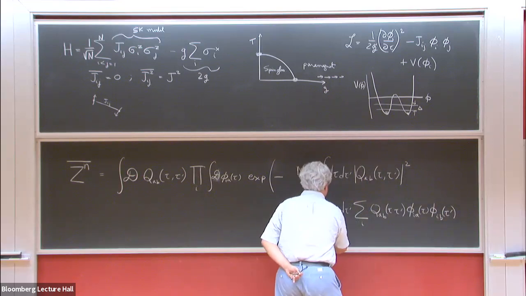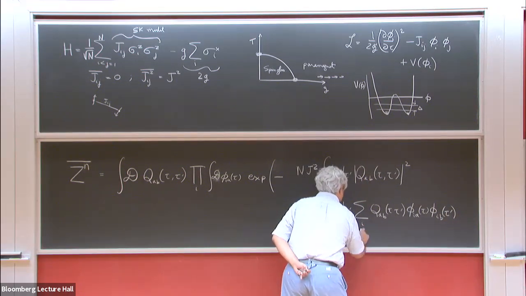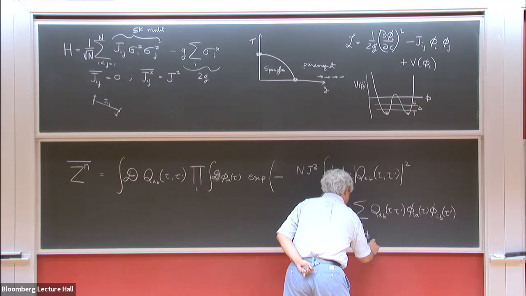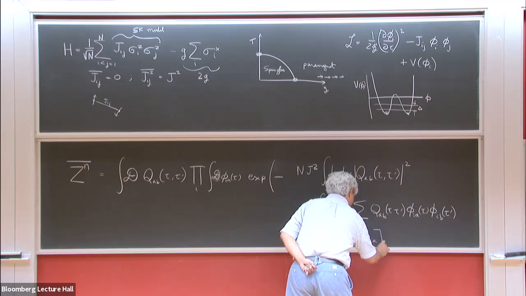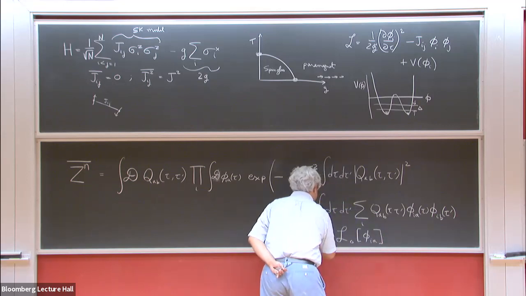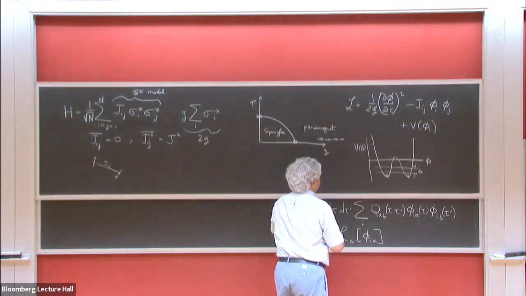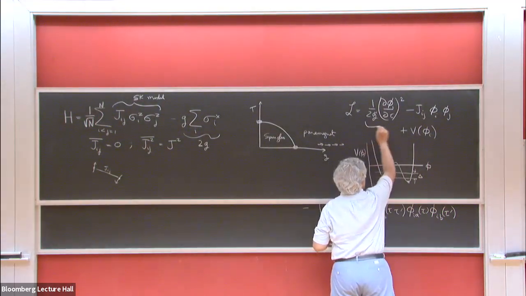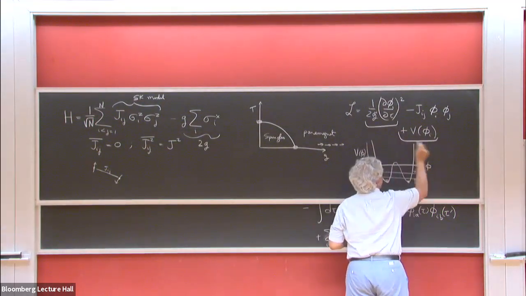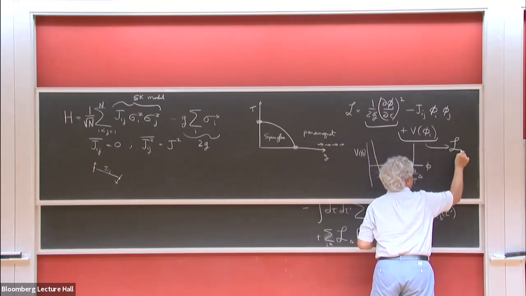And then let me just call it L0 of phi_iA, sum over i and A, where L0 is these two terms here.